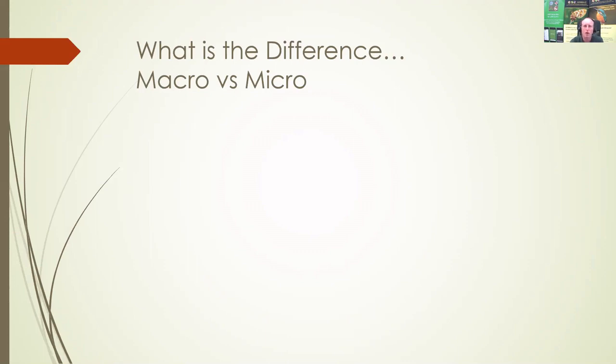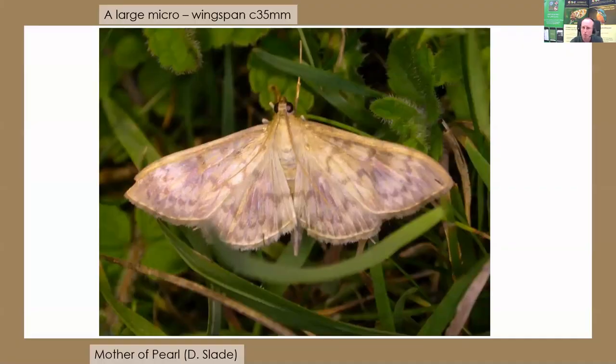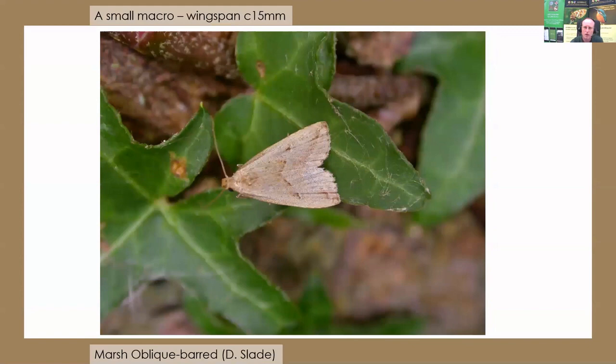But if we're going to talk about micromoths and how you identify them, we do at least need to define what a micromoth is. So it's not about size, is the key message. Mother of pearl is a very large micromoth, and the marsh oblique barred is a very small macromoth.